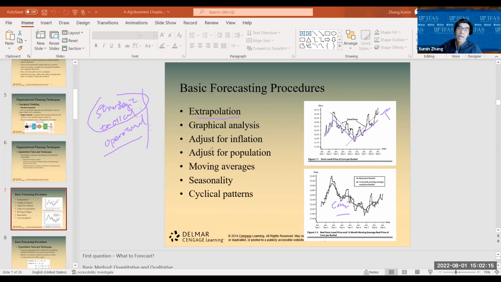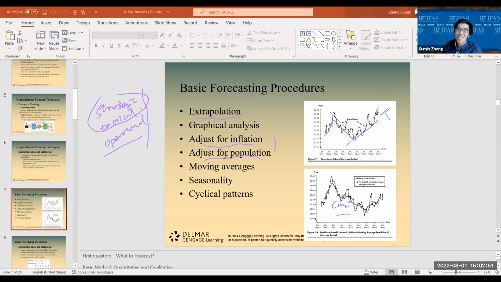And then also don't forget to adjust for inflation, adjust for population. Those two are minor points, right? For sure, if inflation is high, we need to add this inflation rate, particularly for sales. I remember about 12 years ago, we experienced very high inflation. But when we defined the targets, the big boss forgot that part.